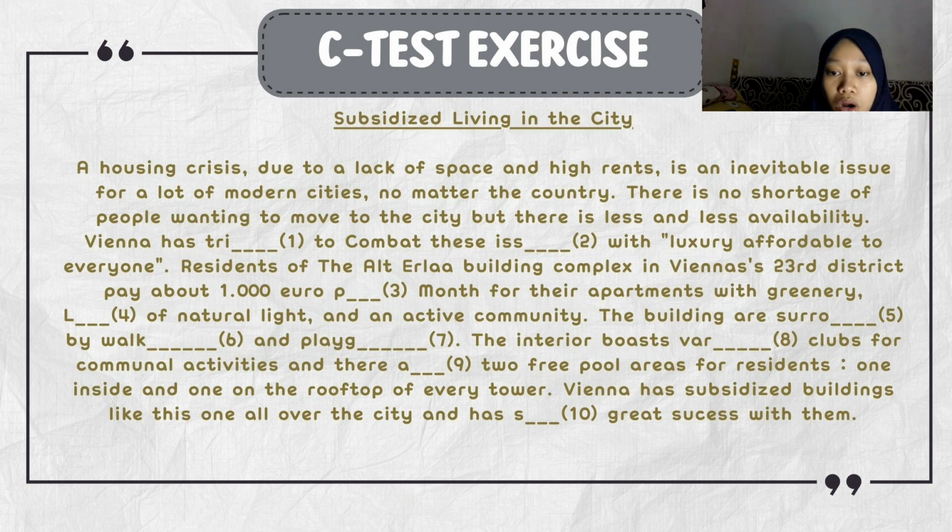The interior boasts (8) various clubs for communal activities, and there (9) are 2 free pool areas for residents, one inside and one on the rooftop of every tower. Vienna has subsidized buildings like this one all over the city and has (10) seen great success with them.